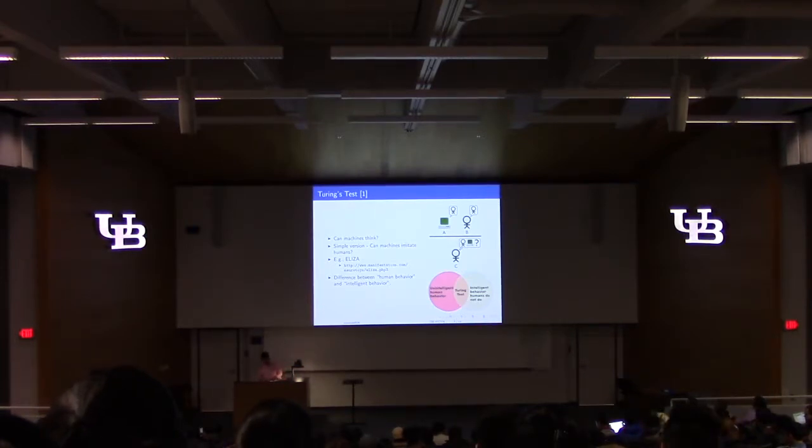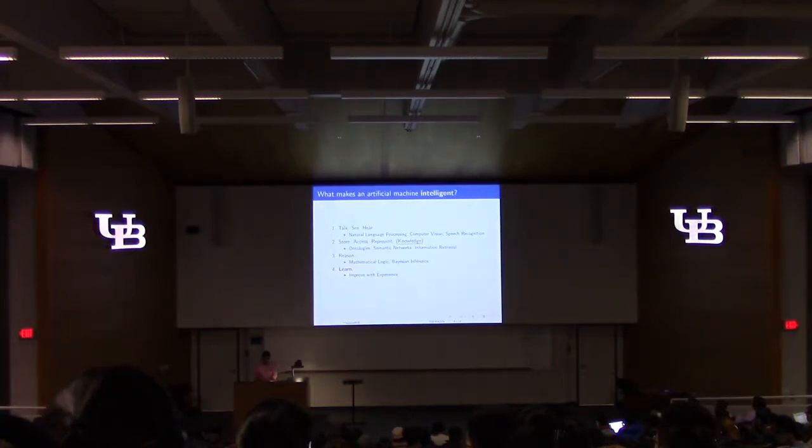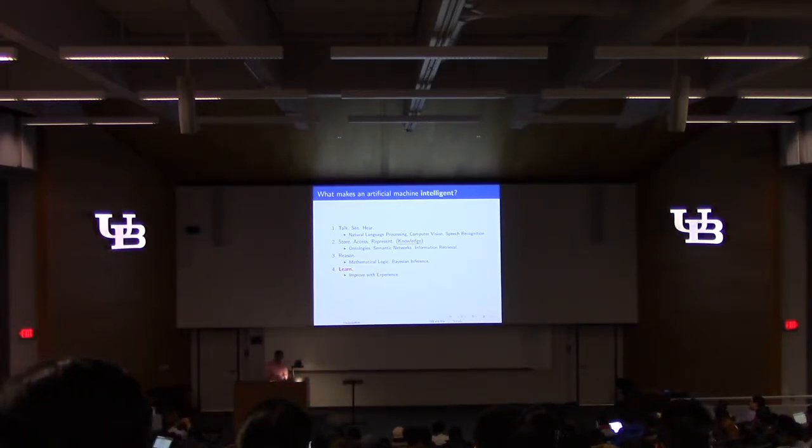All right, so then we need to understand, where does machine learning fall into, right? So when we are talking about intelligent machines or AI systems, there are broadly 4 things that we want them to be able to do. One is the ability to take in input from the surroundings, so the ability to talk, to see, to hear, and process it essentially, right?